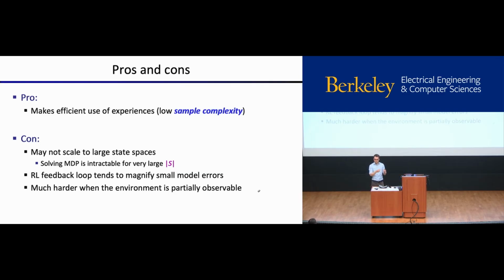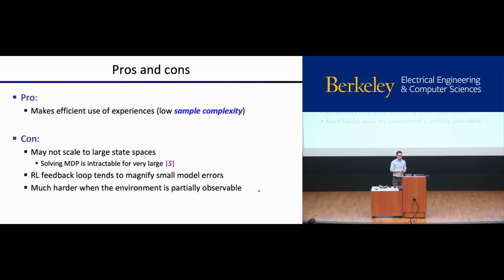My model still has small errors, so the next prediction would be off by some amount. But I'm now feeding in an input that's wrong. So the input is slightly off and the model is slightly off, and these errors will compound. The further into the future we try to predict, the RL feedback loop is going to magnify these small model errors, and we're going to get this compounding error problem.